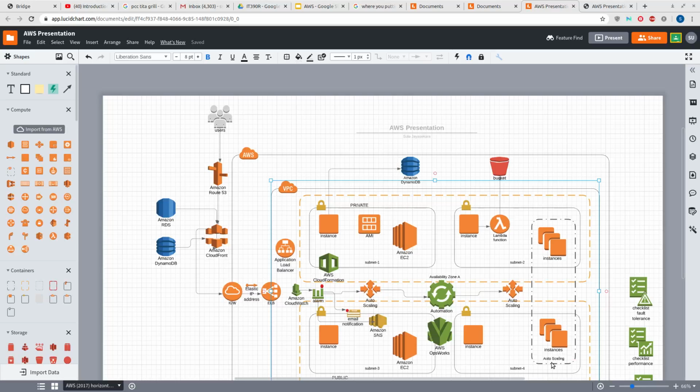And we have that auto scaling, which is, if one instance is down, or one instance needs more power, more users in one instance and the other instance is not filled, it can use the other instance, which is cost efficient.